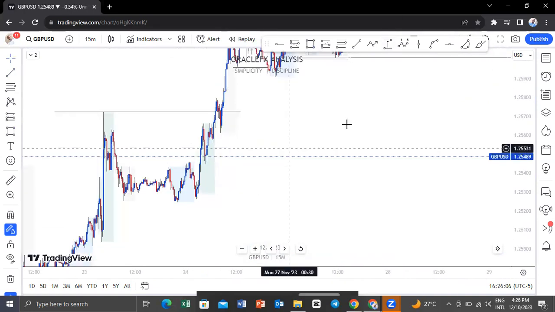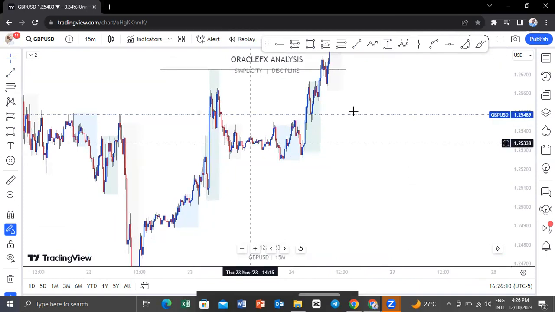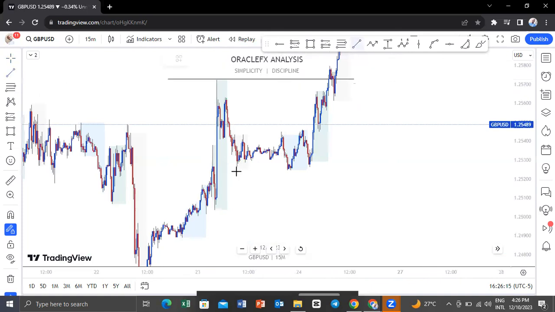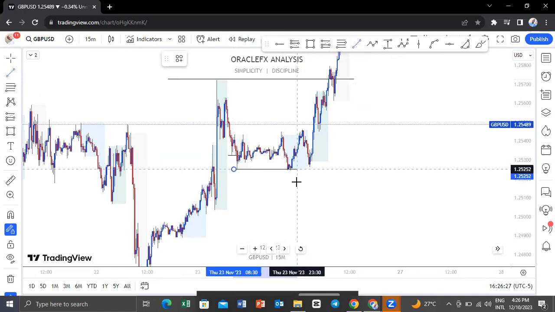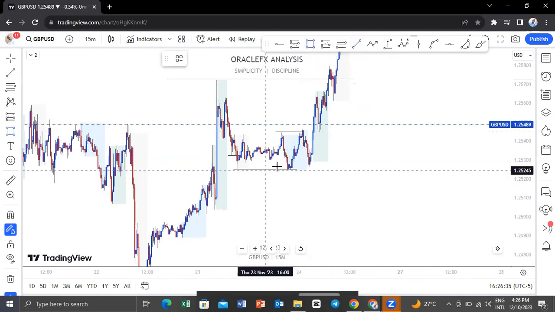Same thing here. You can see this thing playing out. Before this expansion leg happened, you can see what played out here. I think this was the first low, swept this low, broke this high, and returned to this other block here.